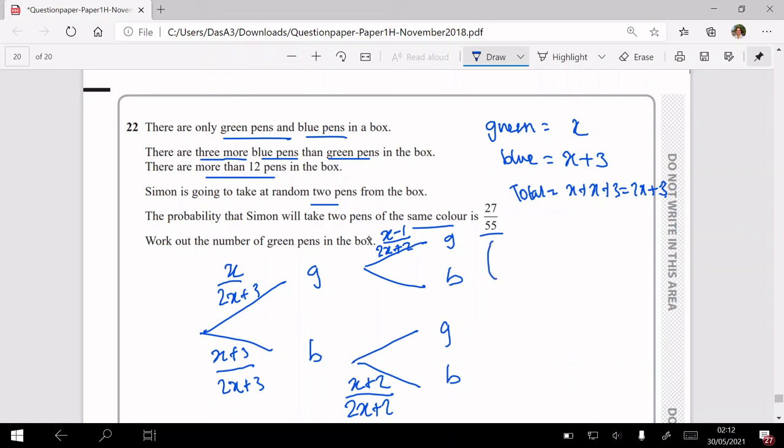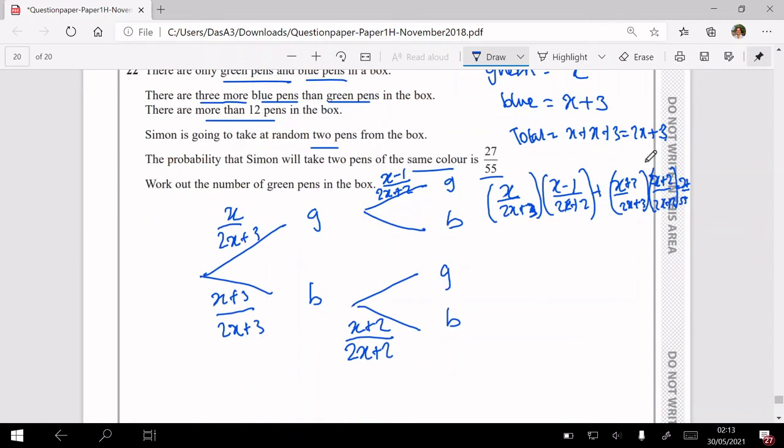So what that means is x over 2x plus 3 times x minus 1 over 2x plus 2, sorry, for the first one, plus x plus 3 over 2x plus 3 times x plus 2 over 2x plus 2 is equal to 27 over 55. It is a bit confusing, but yes, it is a lot of algebra to write down.